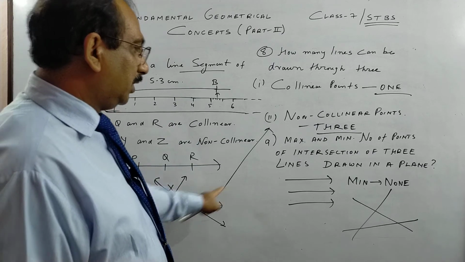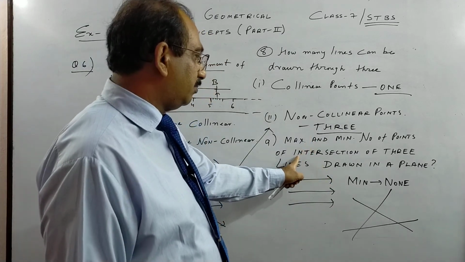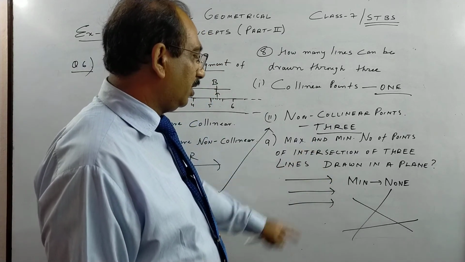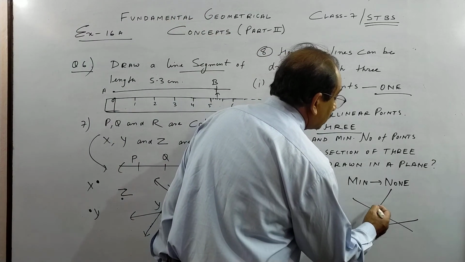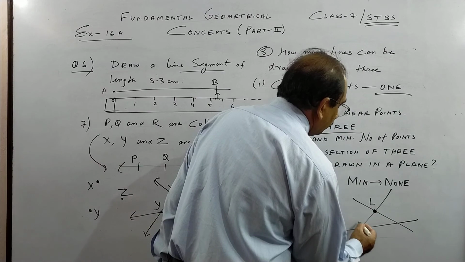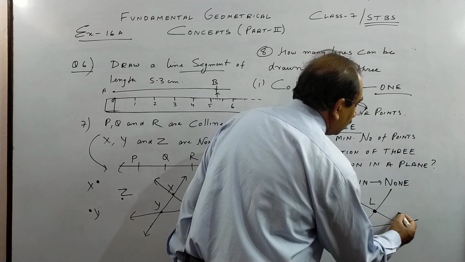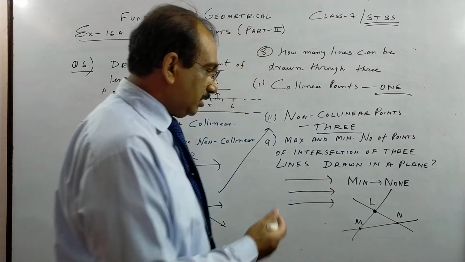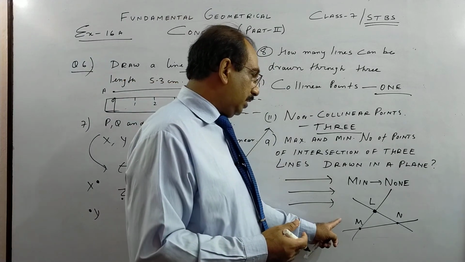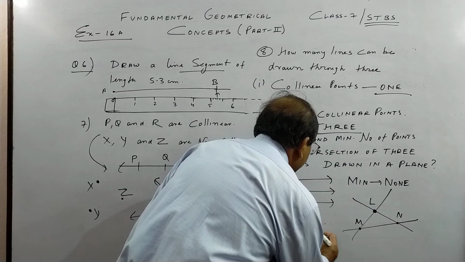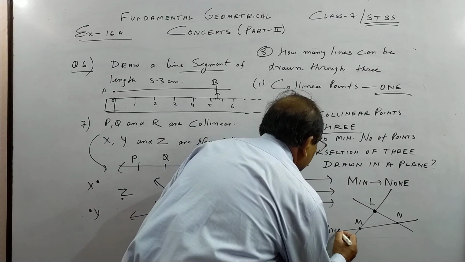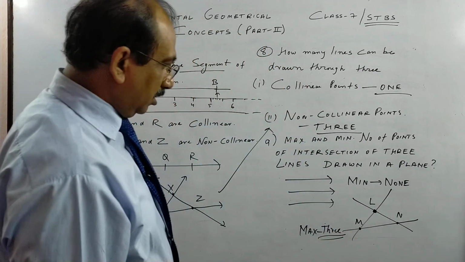So see, this is one point of intersection. Let us name it L, M, N. So if you have 3 lines, they can have maximum 3 points of intersection. So the answer is 3, children.